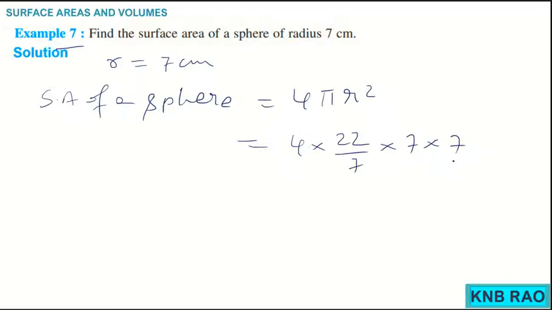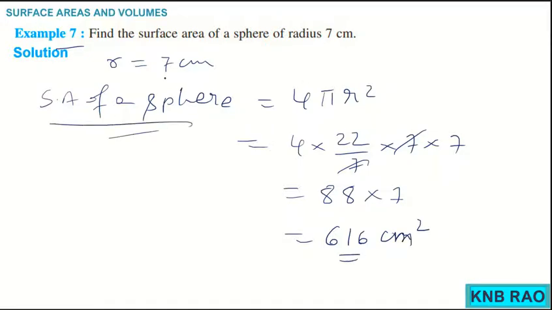So now the 7 gets cancelled. So 22 into 4 is 88, 88 into 7 is 616 centimeter square, which is the surface area of the sphere.